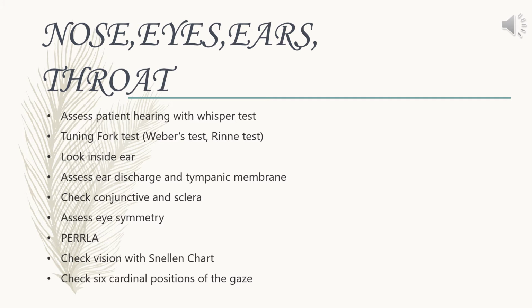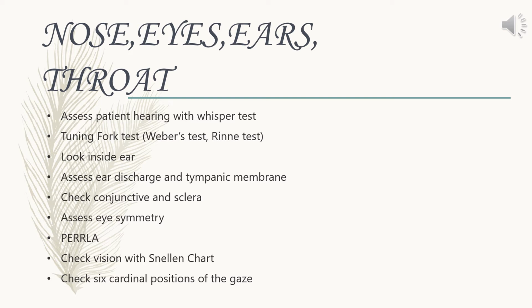Look inside the ear to check is there any drainage or the tympanic membrane, or you can say the eardrum is not damaged. Then assess the ear discharge and tympanic membrane as I have explained now.